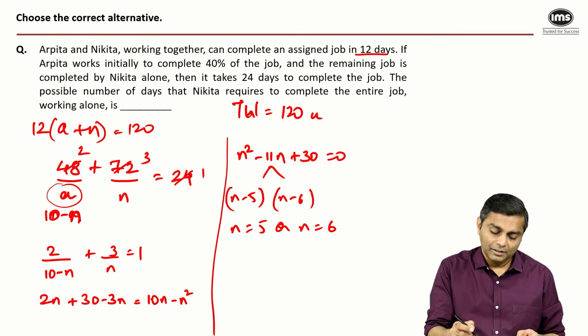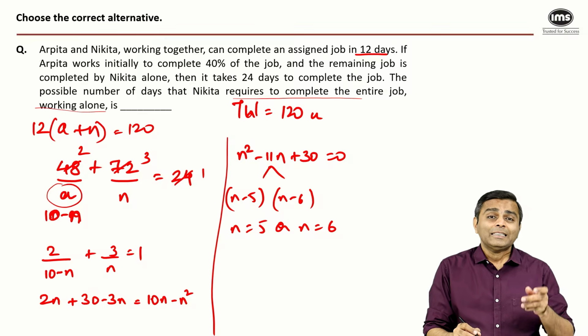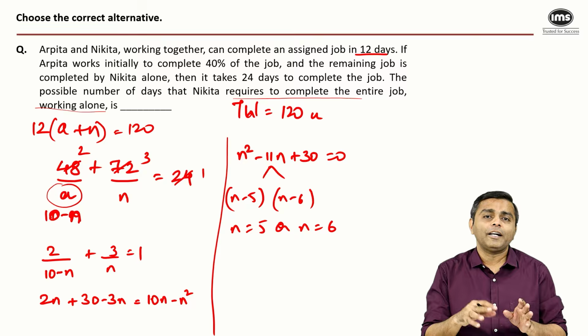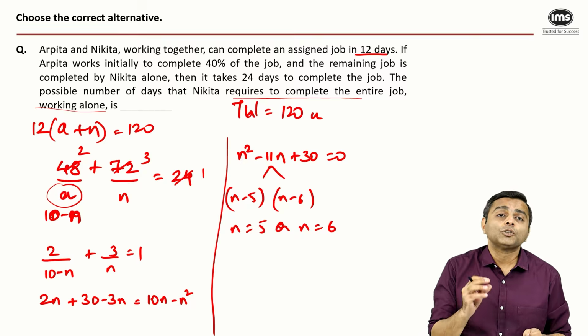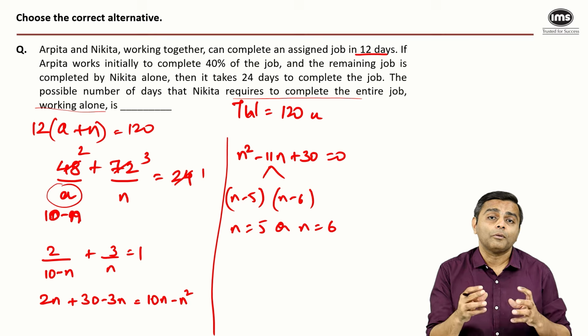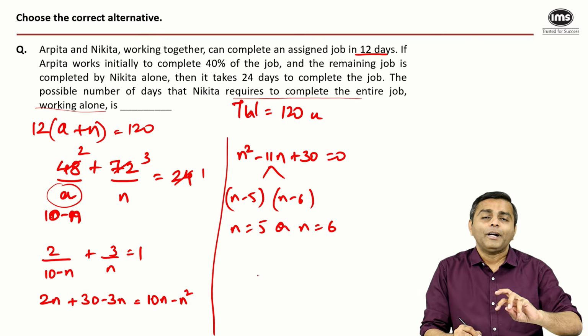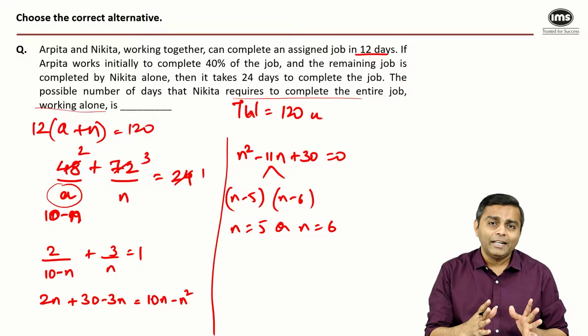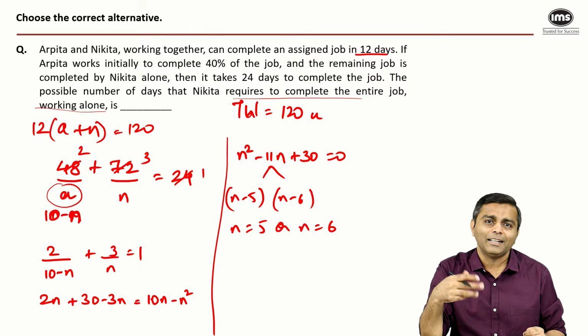So, N is equal to 5 or N is equal to 6. This is the problem with this question. They have said number of days Nikita requires to complete the entire job. Nikita alone has worked either for 5 days or 6 days. If Nikita has worked for 5 days, Nikita's contribution will be 24. See, point is, if Nikita has worked for 5 days alone, which means 19 days Arpita has worked, and the other way around.